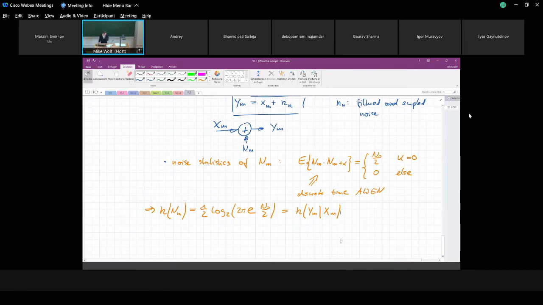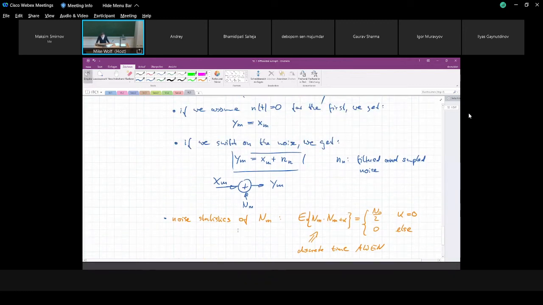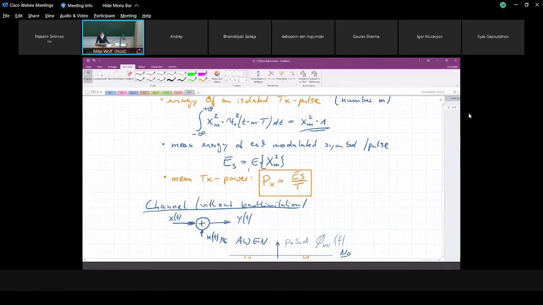So now we have to take a look at h of Y_m, just to say now we talk about discrete time. We are back at discrete time. What we have solved now, we have mapped the continuous channel, the real-world channel, into a discrete time channel. And this is, of course, 1/2 log2 of 2 pi e times. And now remember, N0 by 2 is the power of the noise. And the second moment of our X_m, this was the energy per modulated symbol.